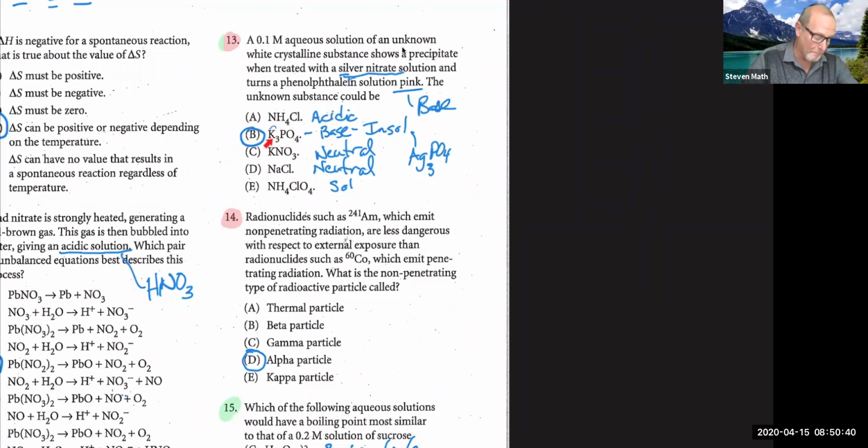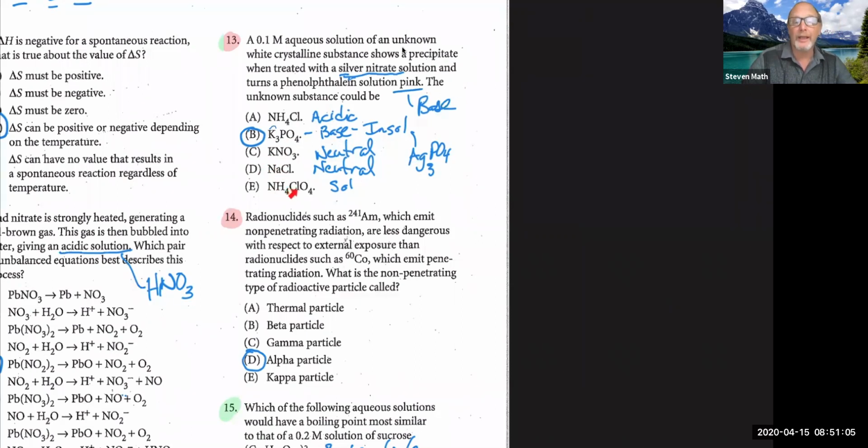K3PO4 is going to give me a basic solution because KOH, H3PO4. And it's going to give me an insoluble Ag3PO4. We like that answer. Why not KNO3? KNO3 is neutral, comes from a strong base, KOH, HNO3. NaCl is neutral, comes from NaOH and HCl.